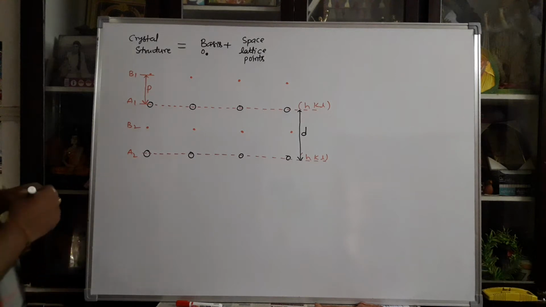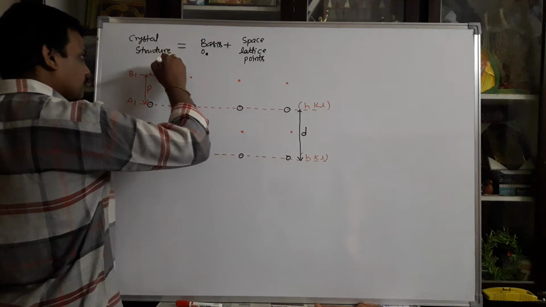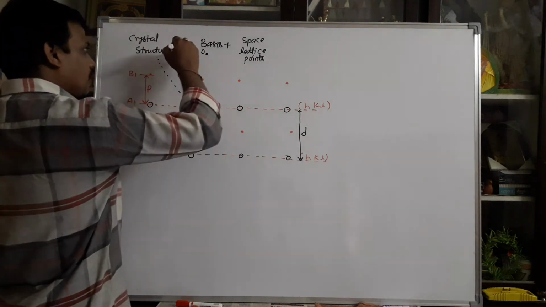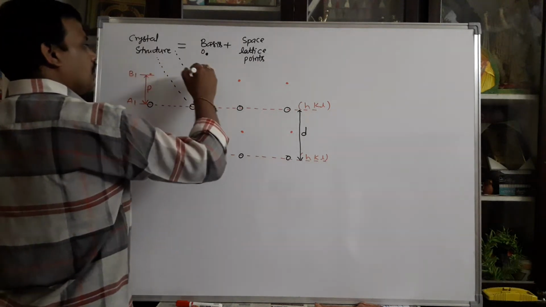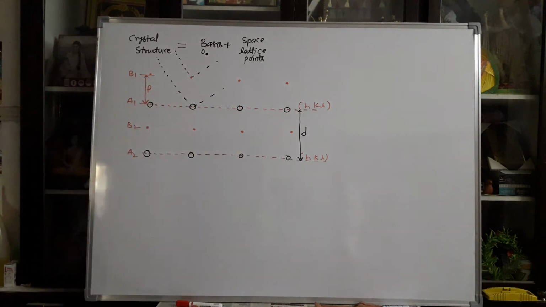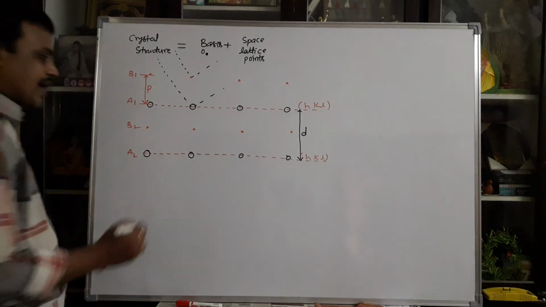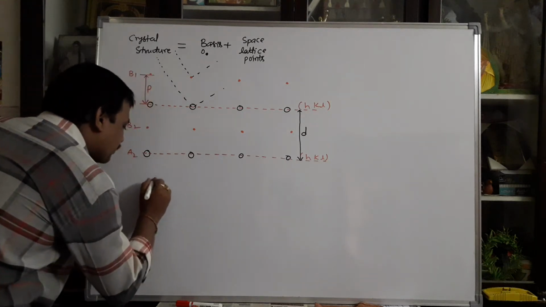Suppose X-rays are incident like this, 1, 2. These X-rays are diffracted. They create a phase difference between the rays reflected by the A1 plane and A2 plane.